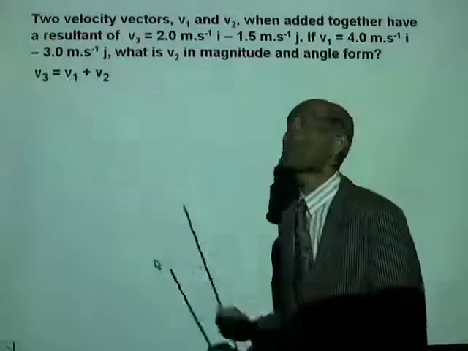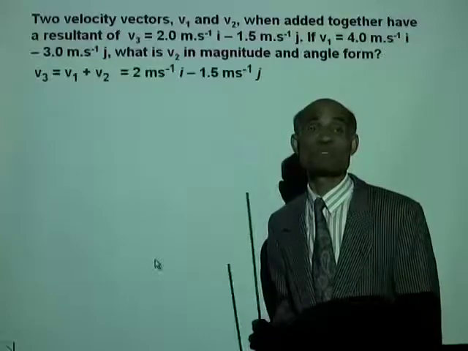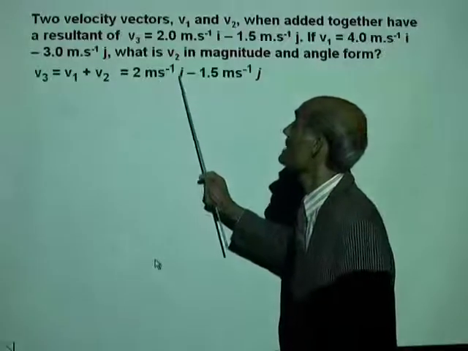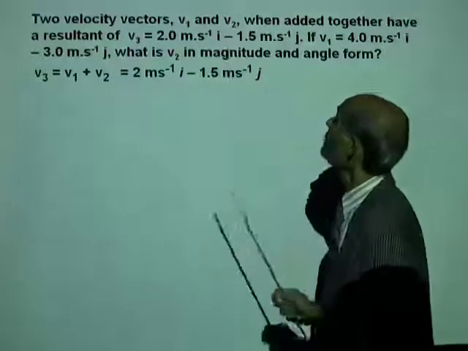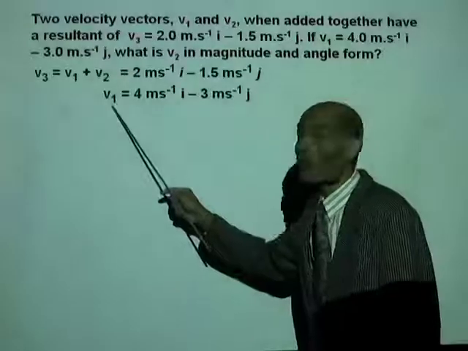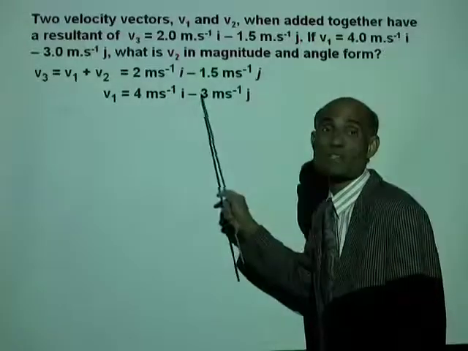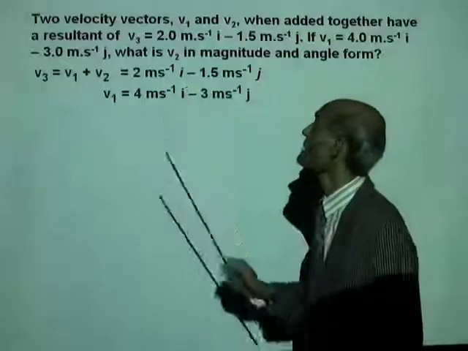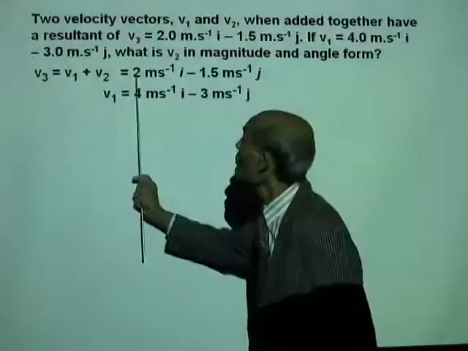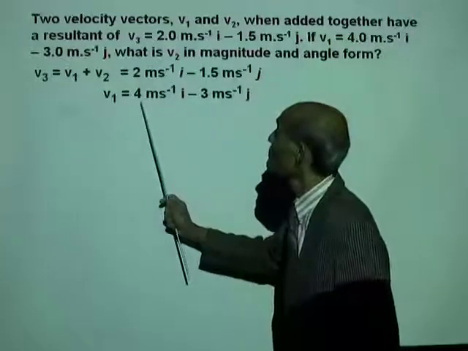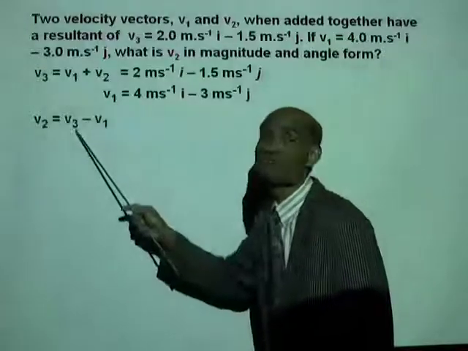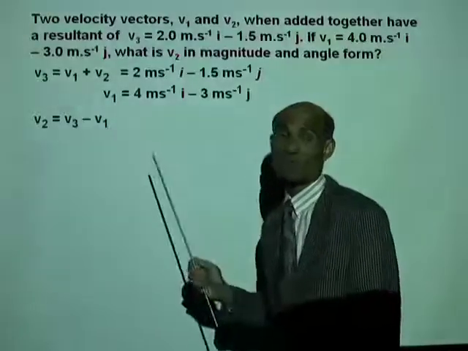Now v3 equals v1 plus v2, and that v3 is 2 meter per second i minus 1.5 meter per second j. And v1 is 4 meter per second i minus 3 meter per second j. Now this is your v3, this is your v1, therefore v2 will be v3 minus v1.